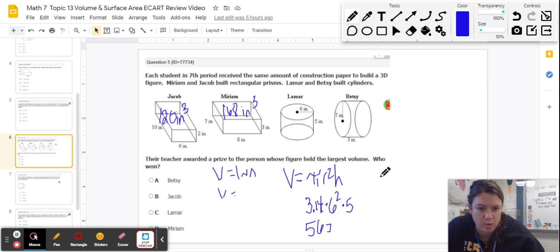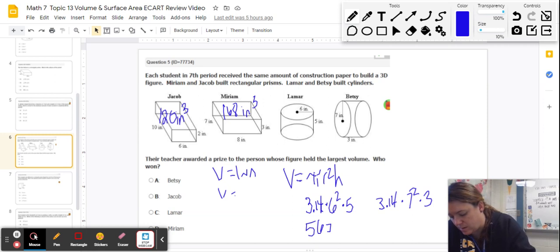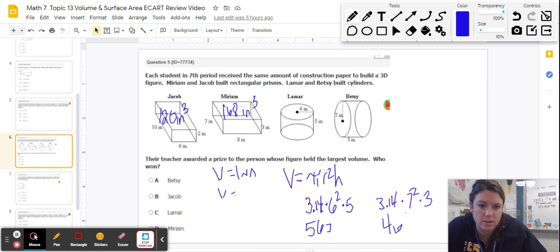Okay, this volume would be 3.14 times 7 squared times 3. The 7 is the radius, the 3 is the height, right? So this one I got 461. So it looks like Lamar's has the highest volume.